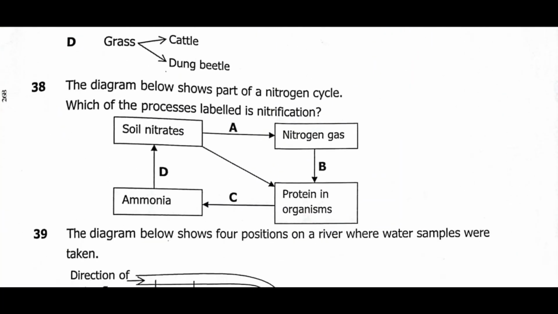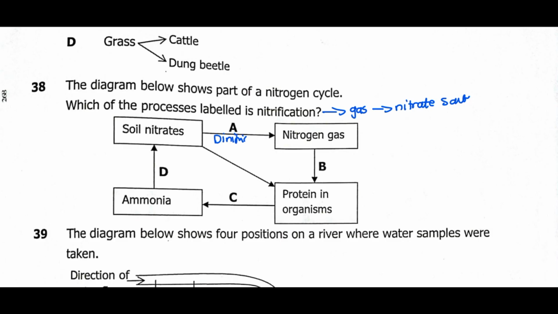Then 38, the diagram below shows part of a nitrogen cycle. Which of the processes labeled is nitrification? Nitrification is the conversion of ammonia into nitrates, which are salts. Soil nitrates into nitrogen gas is denitrification.